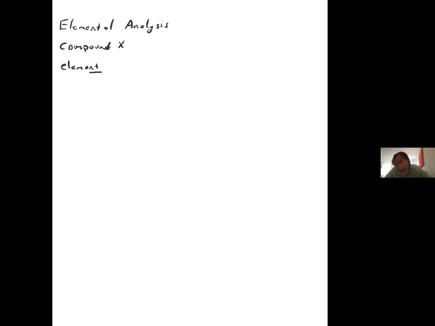So this one's chlorine, and the next one's oxygen. So just 2 elements. And then they give you the mass percent, 38.7, 61.2.